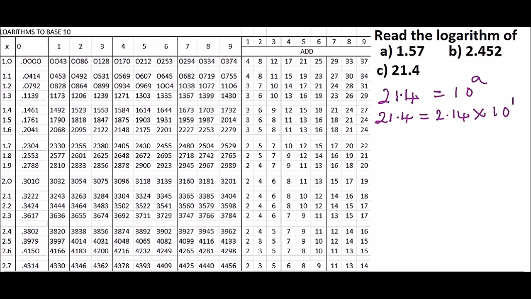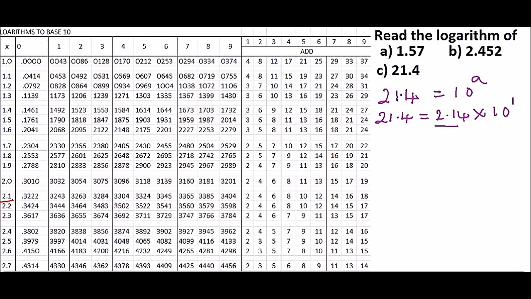From there, we can express 2.14 to the powers of 10. We come to our table and we read the values. 2.14, so this is where we have 2.14. We move across up to here.